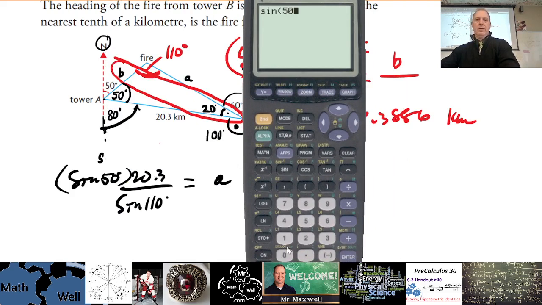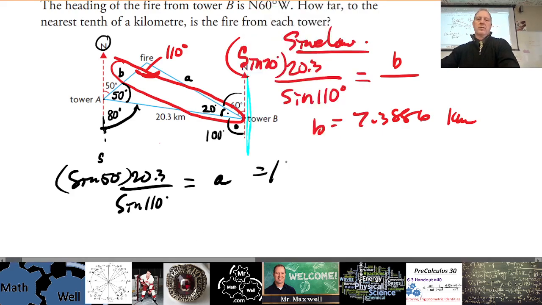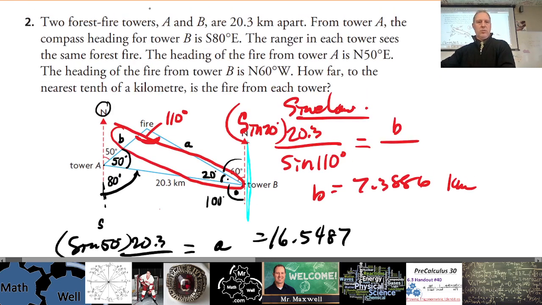Sine of 50 times 20.3 divided by sine of 110. 16.5487. Anybody else get that? Yep. Good. So now that's what we're trying to find, right?